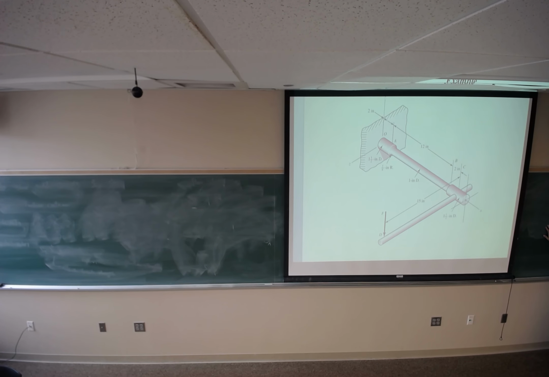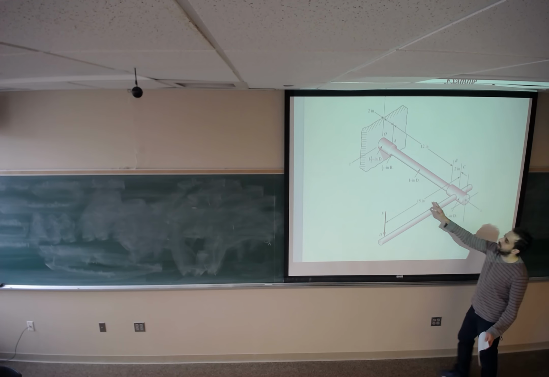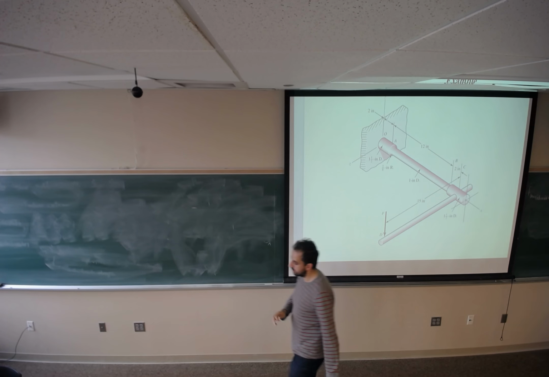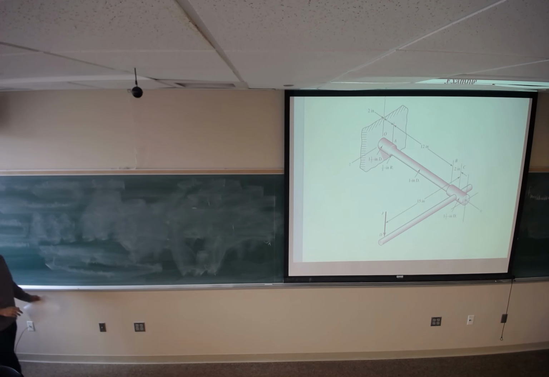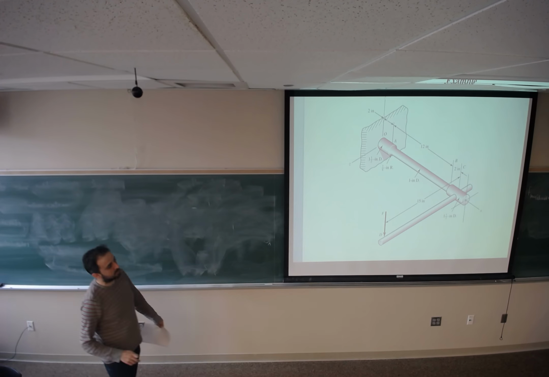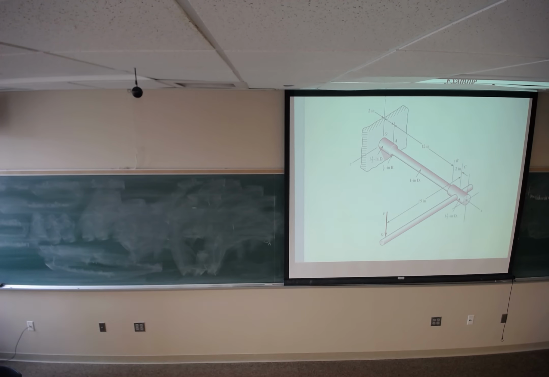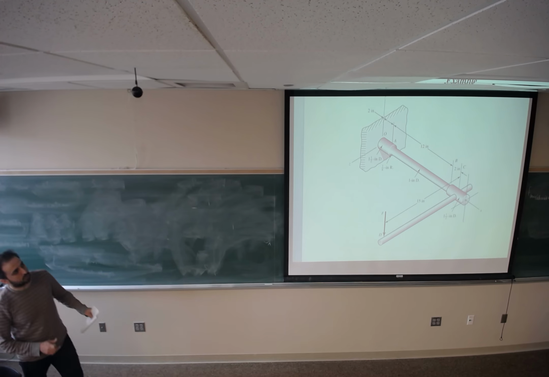But the question is, based on this size and dimension, what would be the maximum allowable force? What would be the F max which is allowable? Or how much can you increase the force before the yielding is going to start? So we are looking for that force. What would be the maximum force that you are allowed to apply to point D before the yielding initiates? So this is what we want to do.